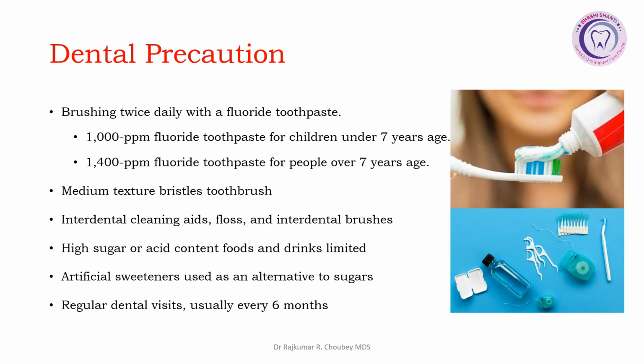Normally we use 1000 ppm of fluoride in adult dose, but in hemophilic patients 1000 ppm fluoride is recommended for children below 7 years of age, and above 7 years of age 1400 ppm fluoride is mandatory, because fluoride avoids decay in the tooth, and if decay occurs, infection is rare and inflammation is rare. If inflammation is rare, then bleeding is naturally rare.